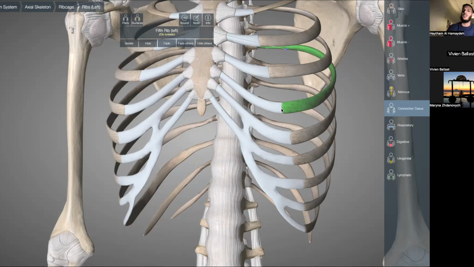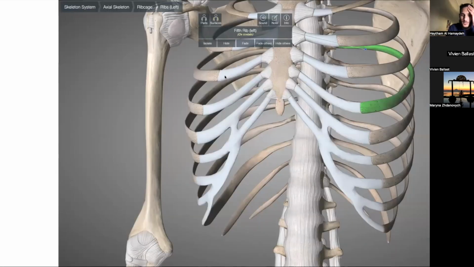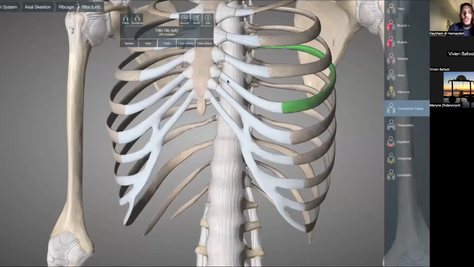And then the costal cartilage articulates with the sternum through the, let me remember, one second. I think costosternal joint or chondrosternal joint. Let me just check the names. Joints between the costal cartilage and the sternum.